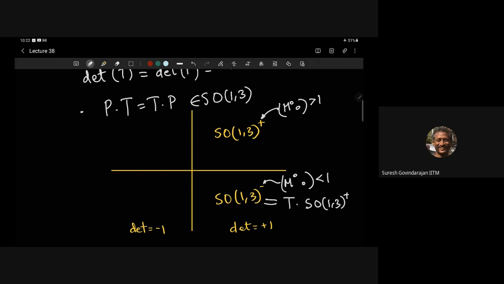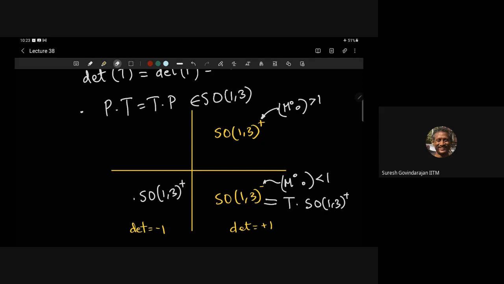So all the other entries I'll start writing now. The matrix here would be PT times SO(1,3)+. Oh, I'm sorry, what did I write here? Sorry, this is wrong. So what is it I want?